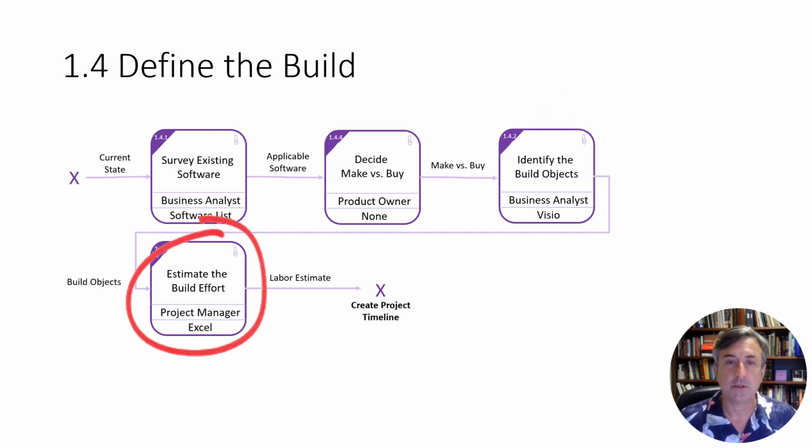Now you can do some serious estimating, right? So a good project manager can take that list of components that need to be built, meet with IT management and the IT architects, and say, okay, how long do you think it's going to take to build this? How many hours of developer labor, etc. And you get an initial labor estimate for the project.